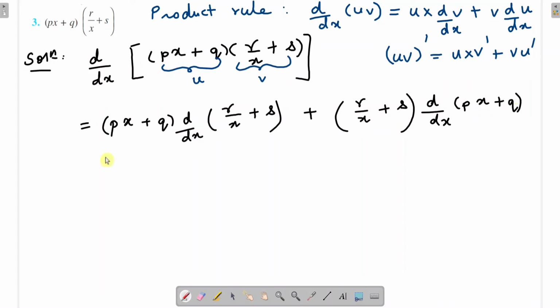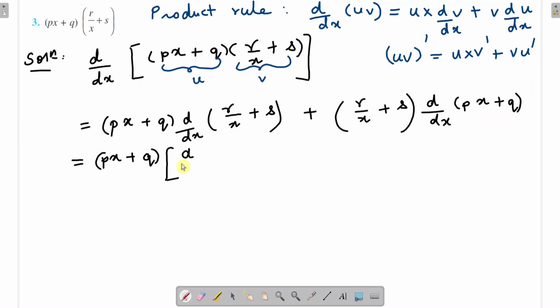Okay, so this is equal to px plus q multiplied by the derivative of this. What will be the derivative of this? So square bracket I'll put.